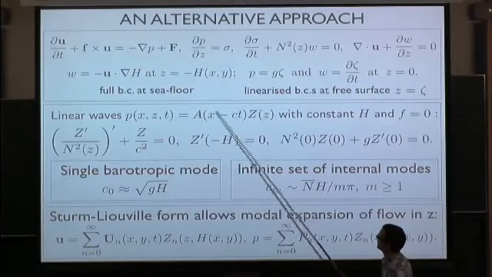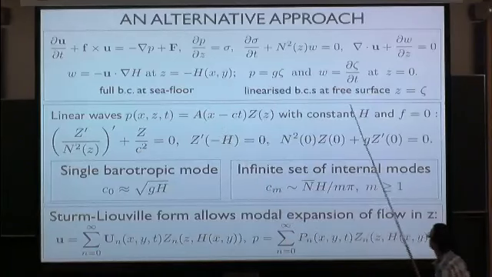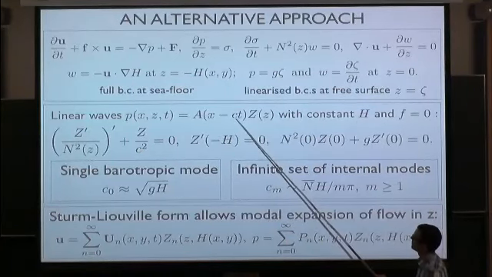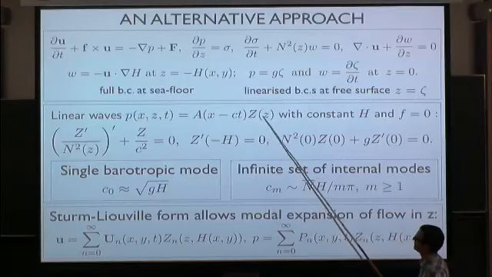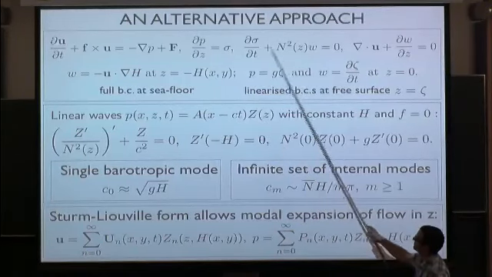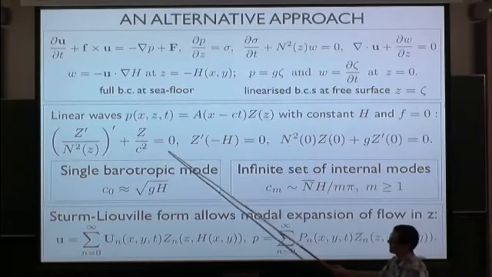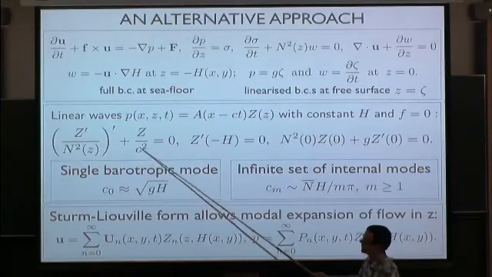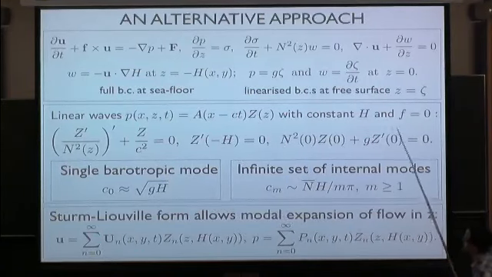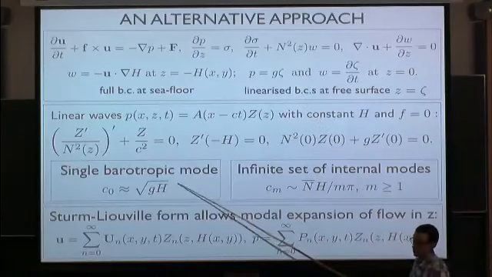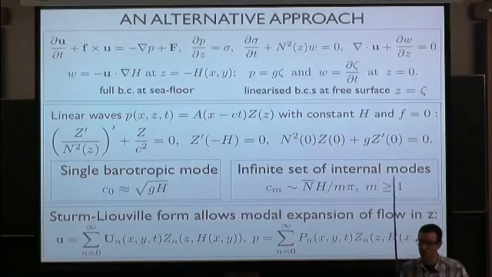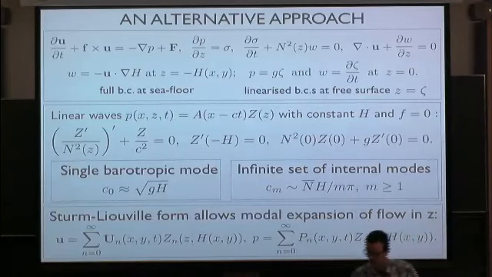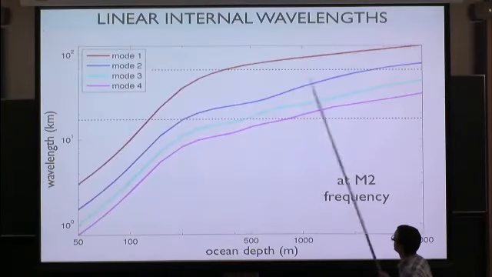If you take a simple scenario where there's constant depth and no rotation, you can look for these simple traveling wave modes, speed c, and some unknown vertical structure Z. Substituted into here, you get an eigenvalue problem for the vertical structure. So c is the eigenvalue, the wave speed, here are the boundary conditions. And out of this comes a single barotropic mode, that's the surface mode, the shallow water mode as it were, and then the internal wave modes. That's just the calculation which leads to this sort of picture here.